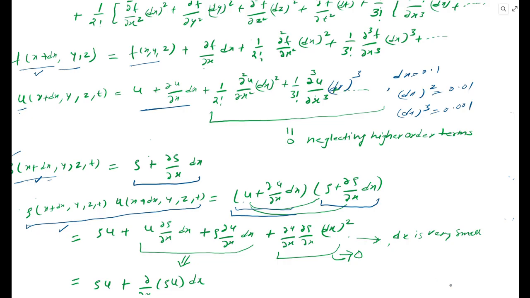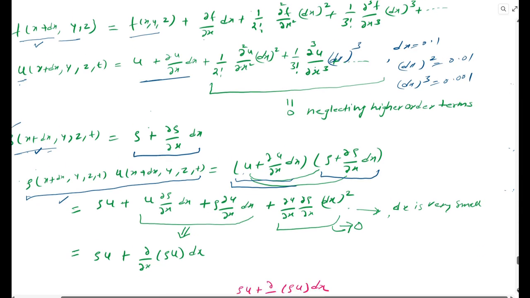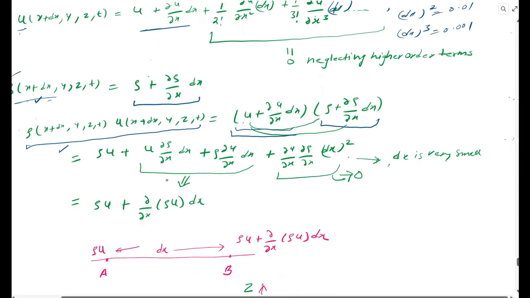When we expand this, we get this expression. Here we neglect this term because delta x is very small, so the square term becomes 0. So in place of this we can directly write this term.